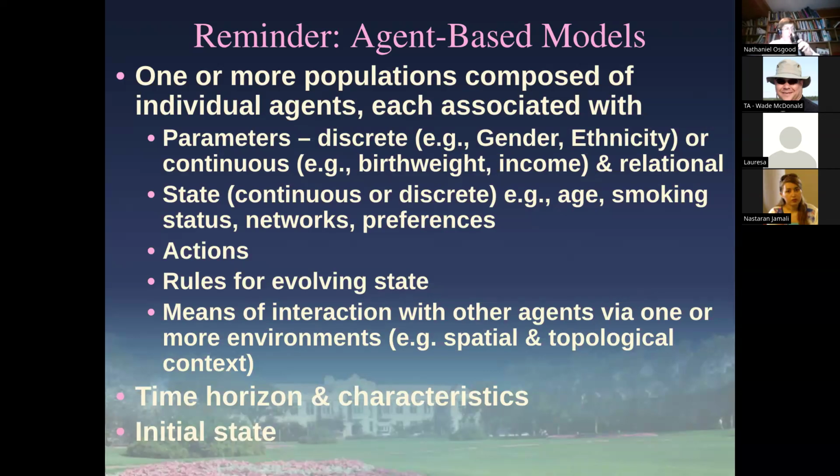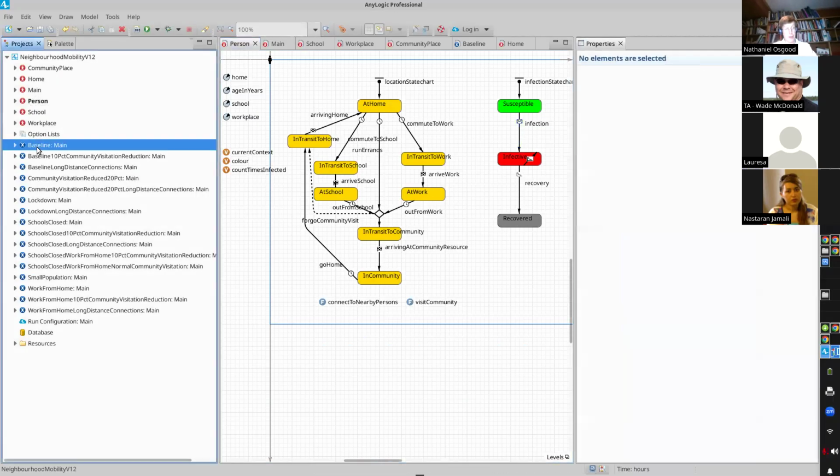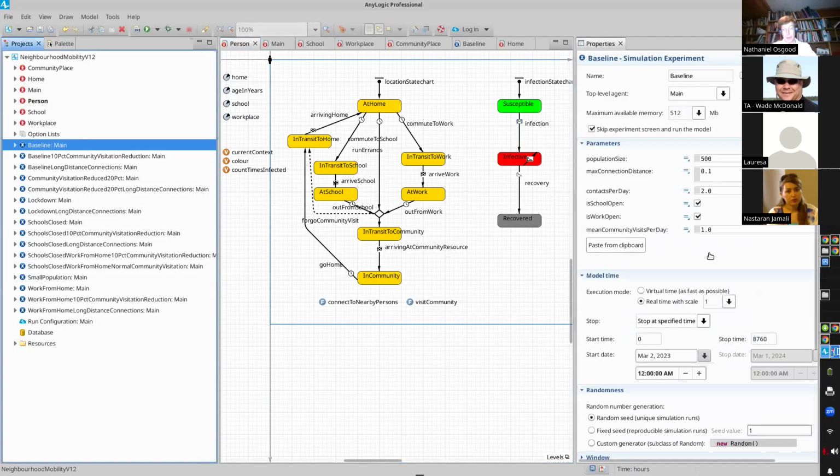There are other means of interactions. We could send messages to neighbors in space. But networks in AnyLogic are the most common ways for two agents to interact with each other. There's a time horizon. In this case, it's dictated, in AnyLogic in general, by the scenario. So this runs for 8,760 days.